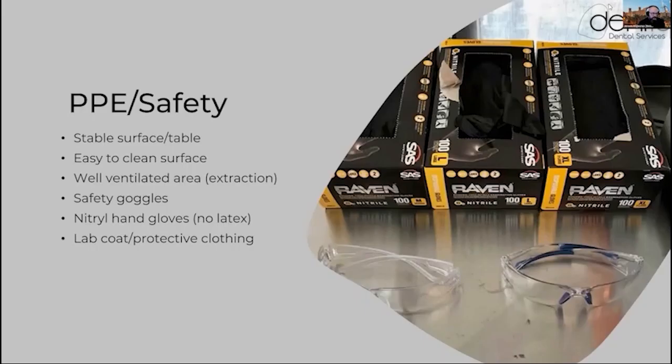Personal protection and safety. I find it very important to discuss this also because we are still technically working with a chemical. So always work on a stable surface or a table. And don't have your printer or your cleaning station on a wobbly table. I had it so many times. I come into a lab and they say, oh, it's not as accurate.